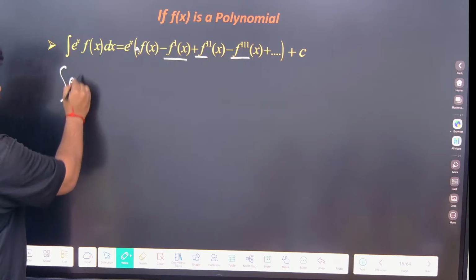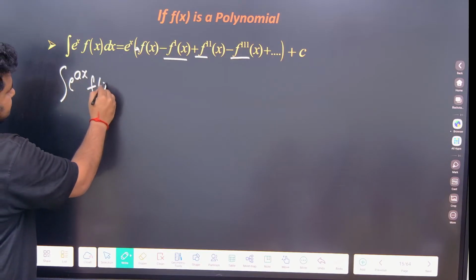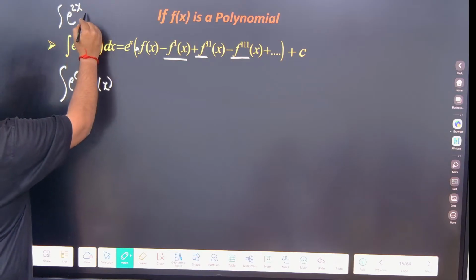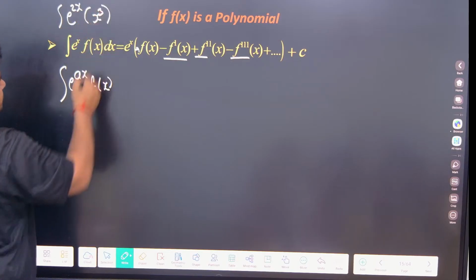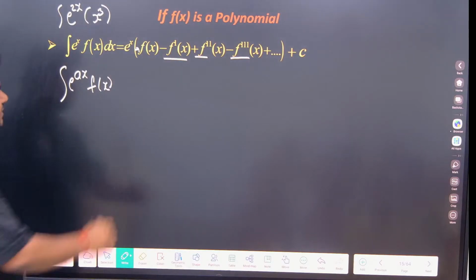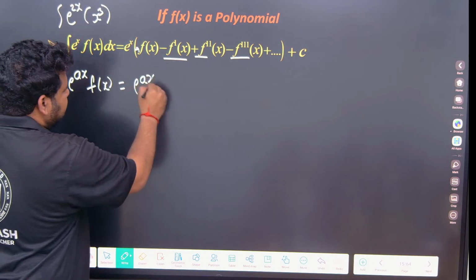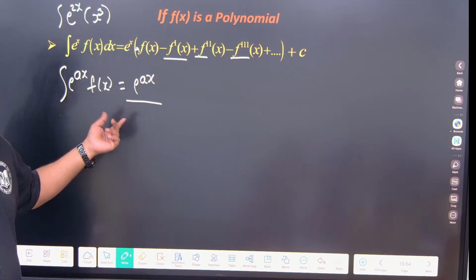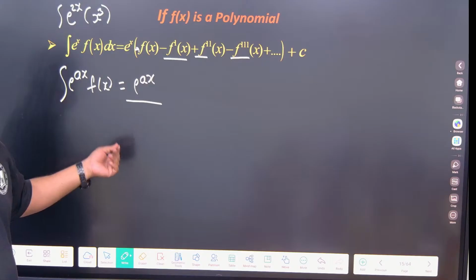Suppose we are having e power ax f of x, that means suppose you are having e power 2x into some function like x cube. Same thing you have to write: e power ax by a, because the integral of e power ax is e power ax by a.